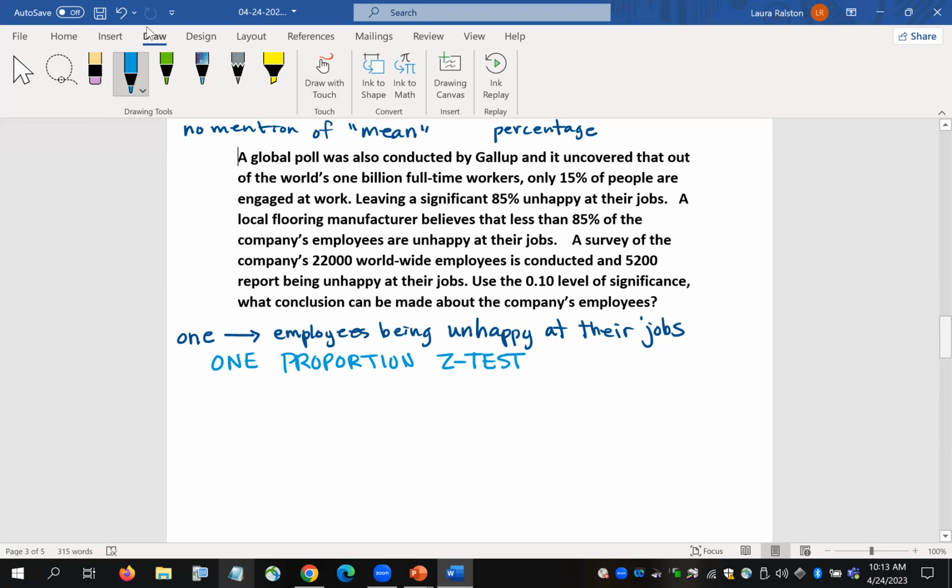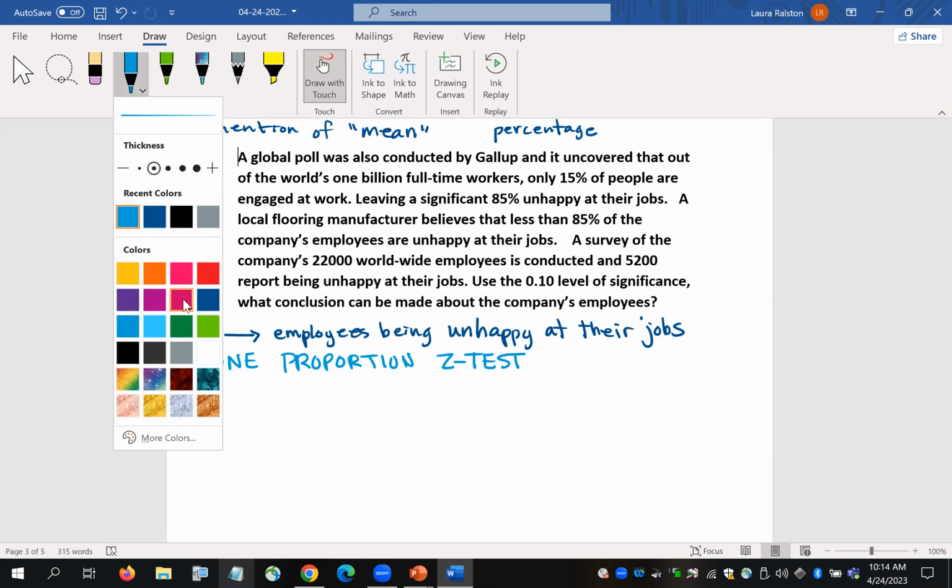Now, guys, you have to be careful because this first statement here is like extra information. They're telling you initially in this first sentence what the percentage is of those that are happy.